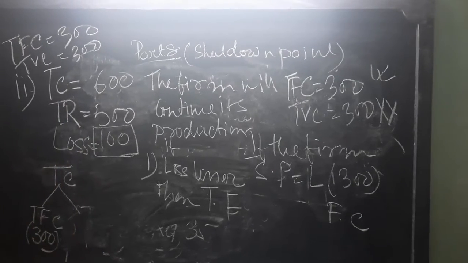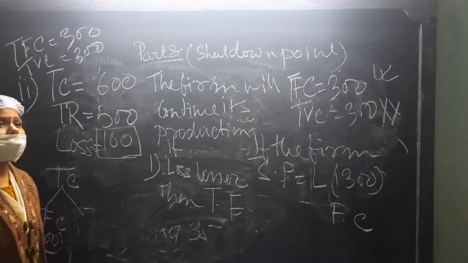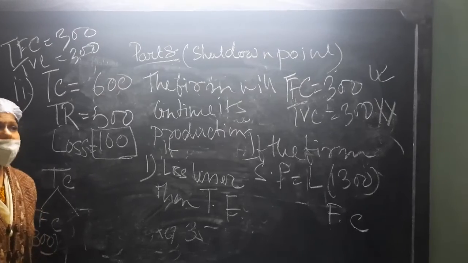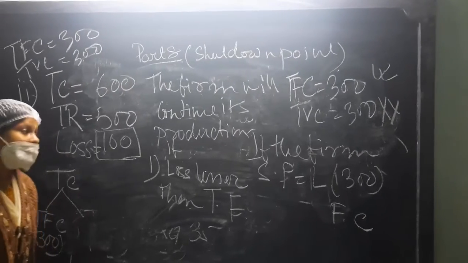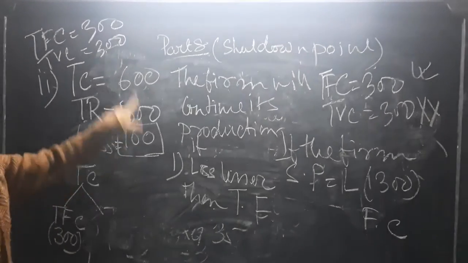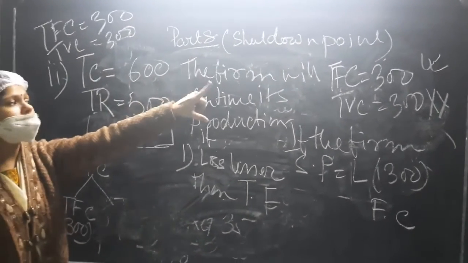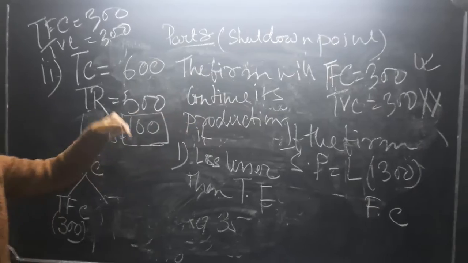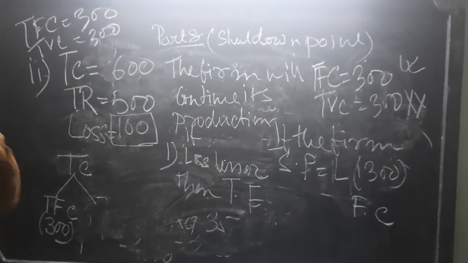This question is very important: when the firm is earning a loss, that doesn't mean the firm will stop the production. If the loss amount here, 100, is lesser than the fixed cost amount, that is 300, the firm will go for further production.